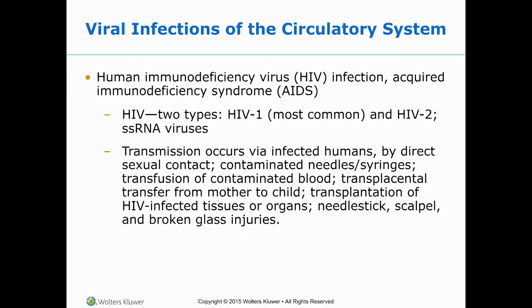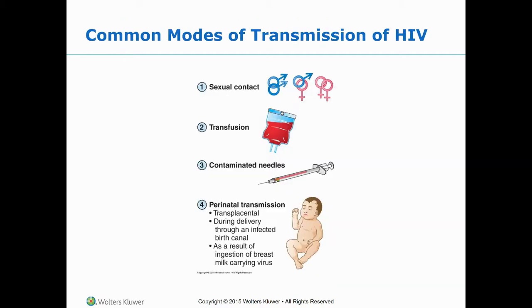Okay. Viral infections of the circulatory system include HIV, and we've talked a lot about this, so we are going to review it just a little bit in our notes. It is a viral infection of the circulatory system that specifically targets the T cells.